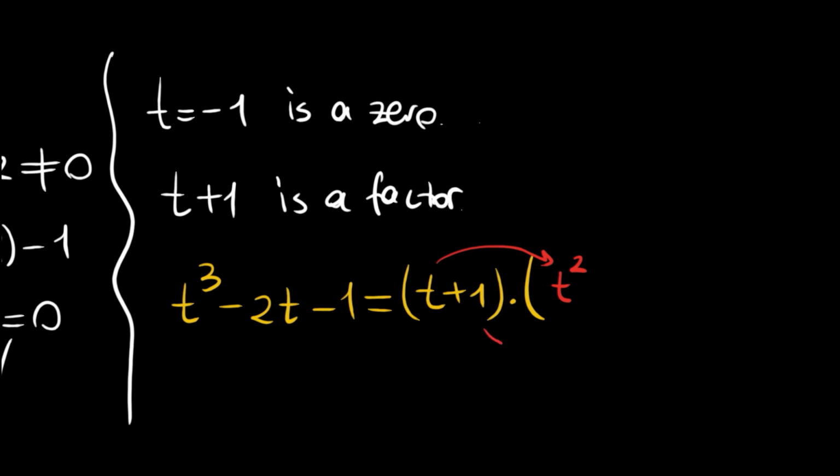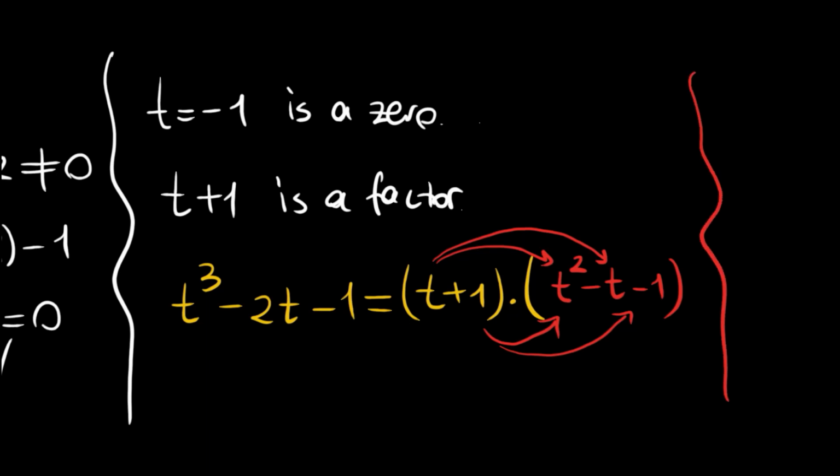But now we have some t², but we don't have any t² on the left hand side, so we should cancel by multiplying these two by -2 to get a -t², and for the constant term we need some -1 here. So our factorization is that one.